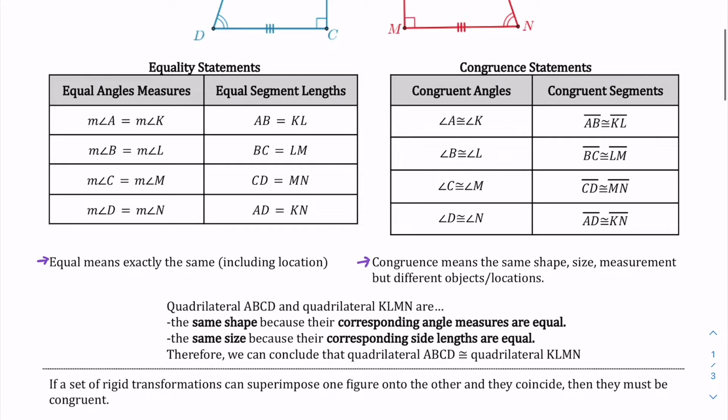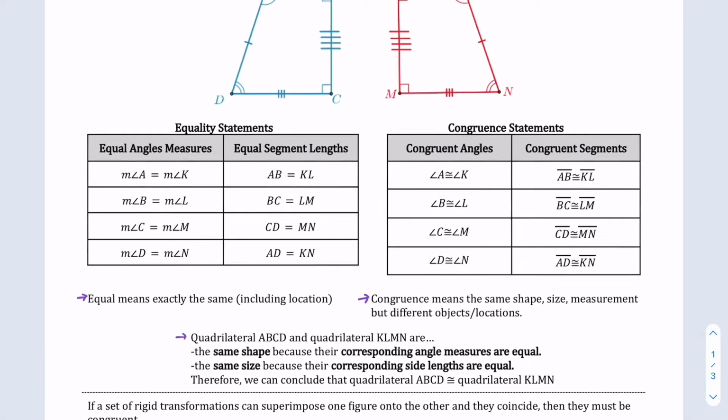Okay, and then down here before we move on, quadrilateral ABCD and quadrilateral KLMN are the same shape because all their corresponding angles are equal. So those are the little angle measurements that we compared, like angle A and angle K. And then they're the same size because all their corresponding side lengths are equal.